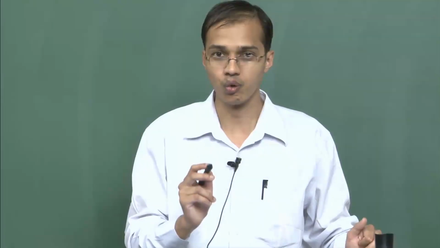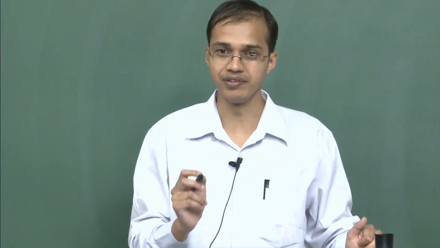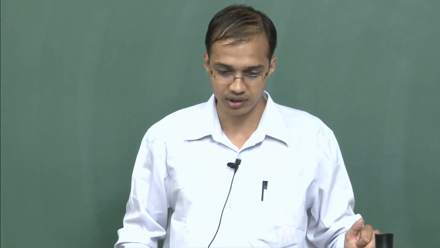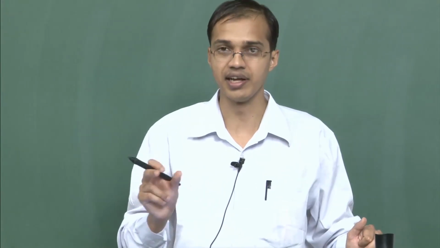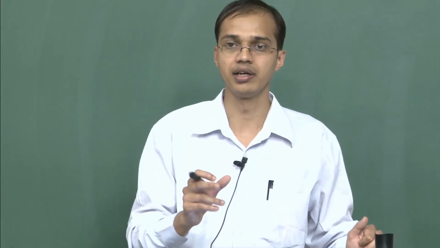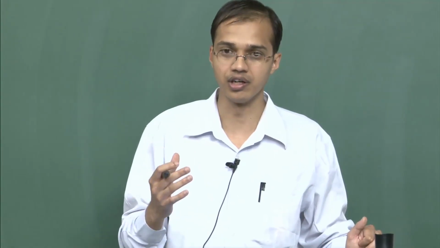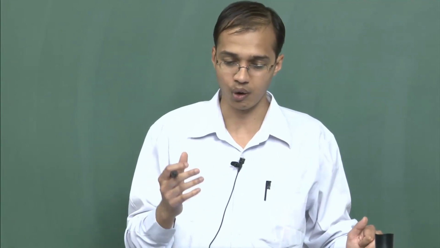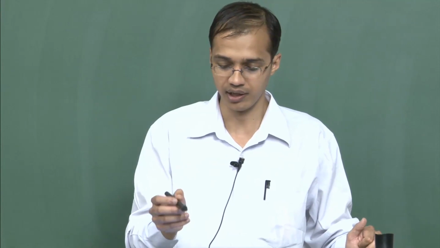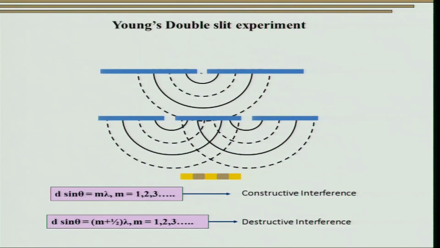Now, this is for only one aperture. What if we have two apertures, which is the classical Young's double slit experiment? This experiment and its results we have covered in our high school days, and we all know that it leads to an interference pattern, which can be explained on the basis of constructive and destructive interference.